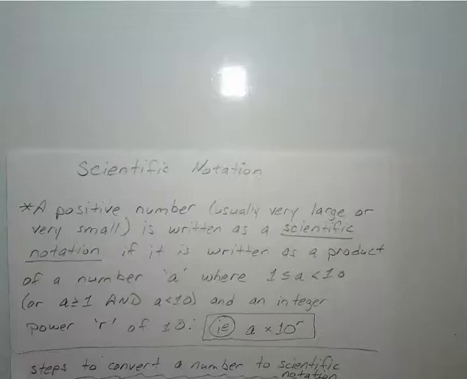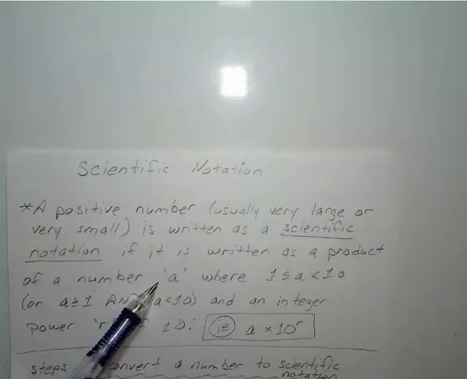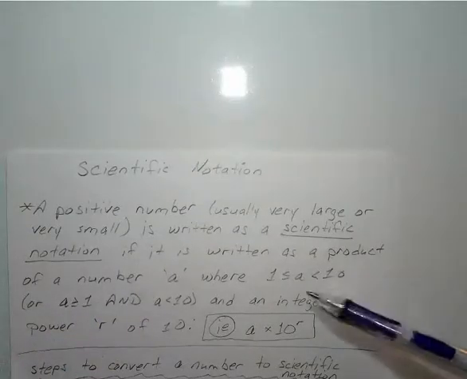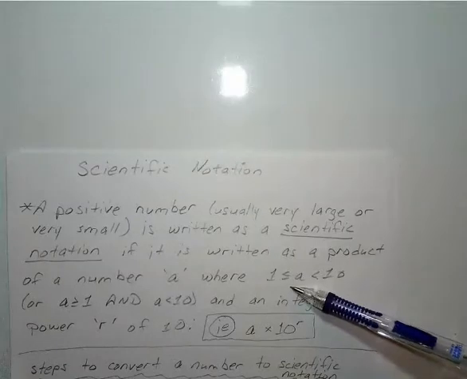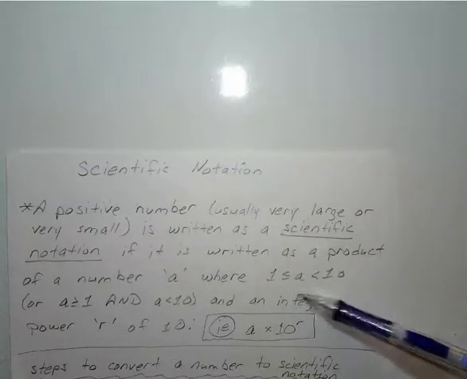Okay, so a brief description as to what a number written in scientific notation is. It's a positive number, usually very large or very small. It's written in scientific notation if it is written as a product of a number, and we'll call that number A, where A is between 1 and 10, or it can equal 1, it just can't equal 10, it has to be less than 10.